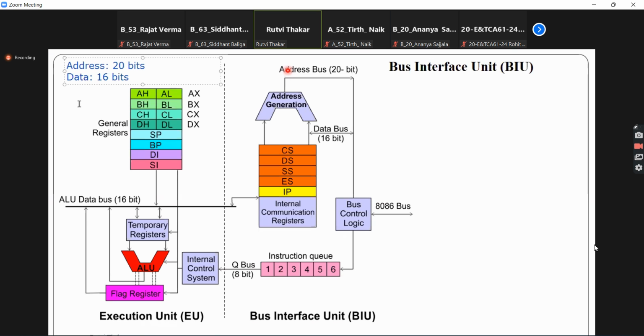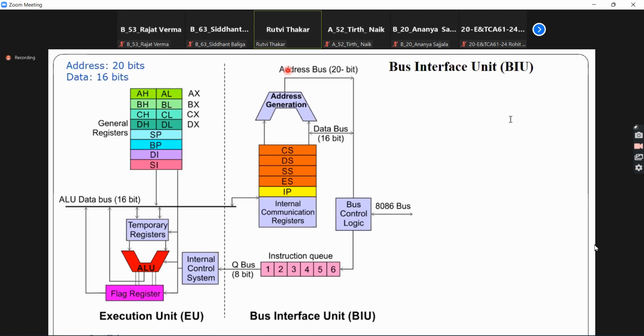So now if I say address bus and the relation between address bus and data bus, 16 bits means I can store the maximum data of 16 bits in any of the registers or any of the memory of 8086.